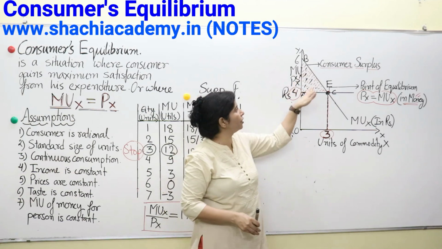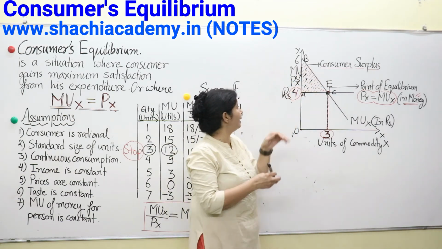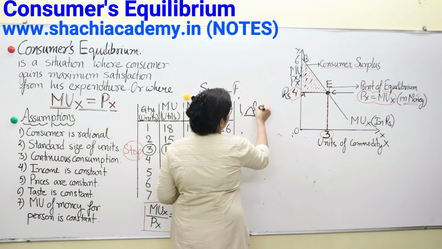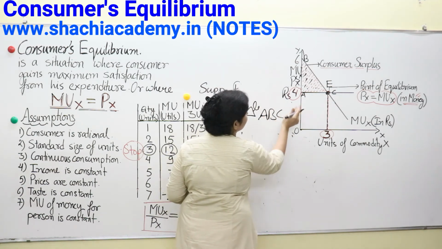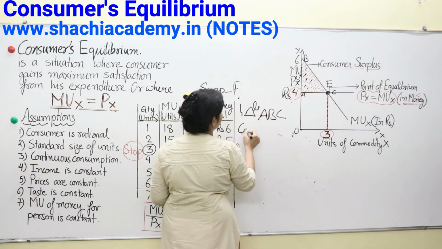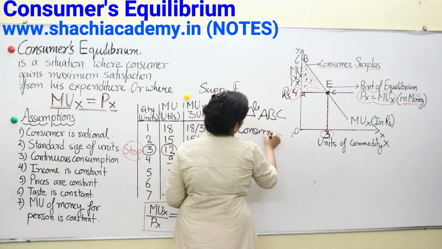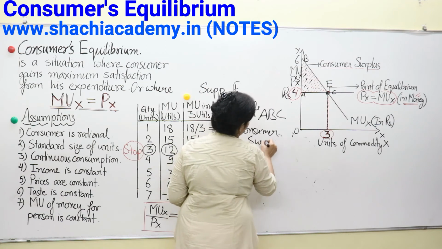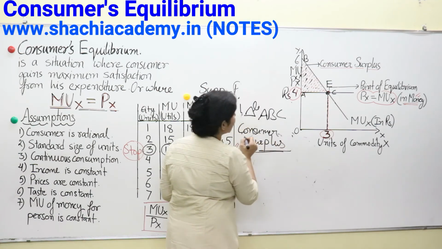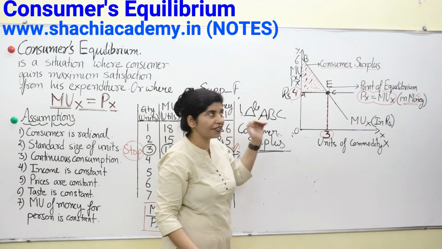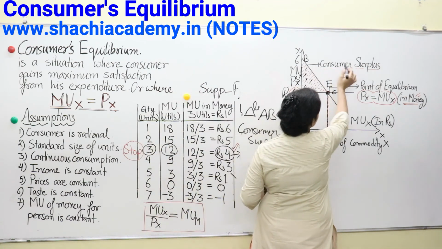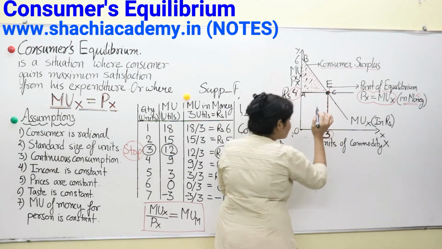ABC is your consumer surplus. This is the additional amount of marginal utility that a person is gaining. I hope that is very clear to you. This is consumer surplus, this is the point of equilibrium, and it's very easy to make.